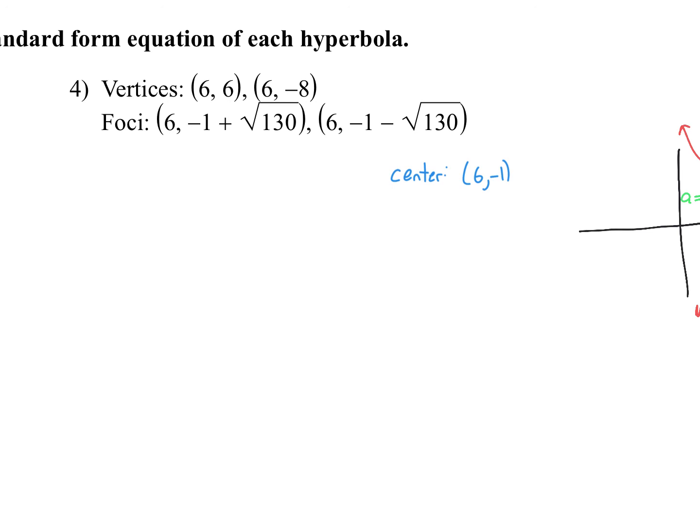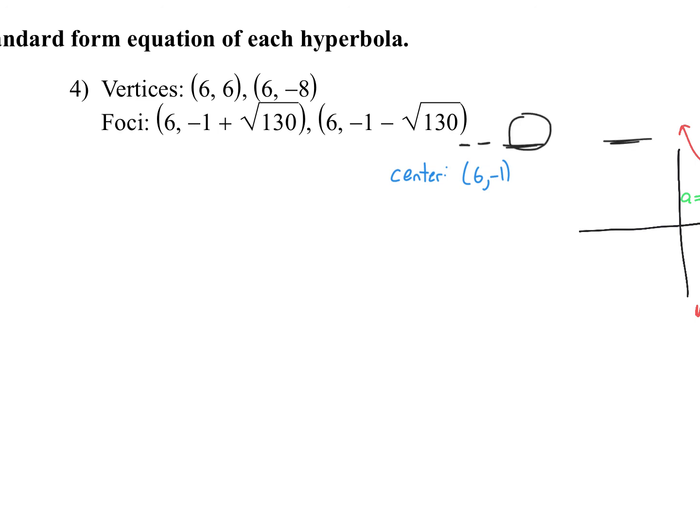Okay, the other key piece of information, look at the coordinates of the foci. We see there's the center, (6, -1), but then it's plus and minus the square root of 130. So plus and minus a little bit more than 11-ish. Okay, but what that's telling me, the square root of 130, that's the distance from the center to the focal point.